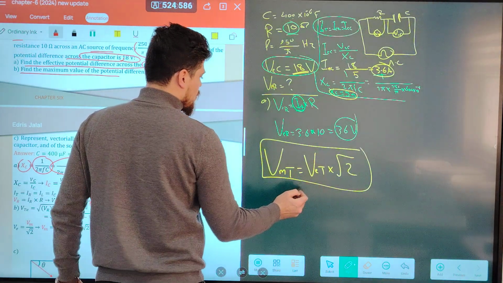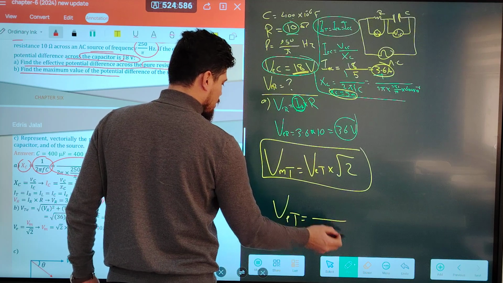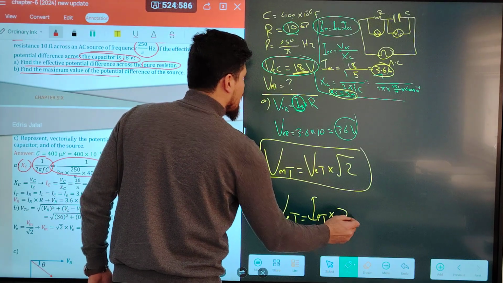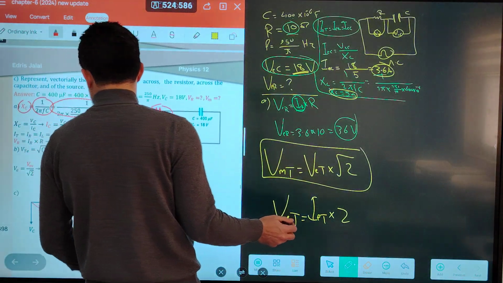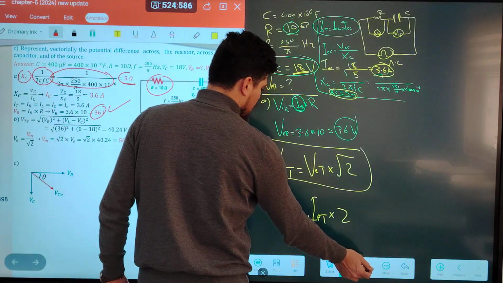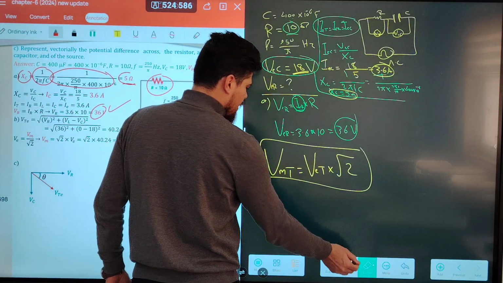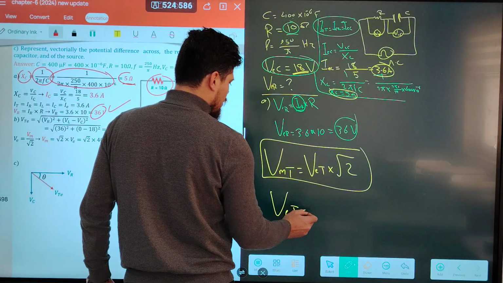Okay? Do we have VE total? No. V effective total is equal to IE total times Z. Okay? So do we have Z? No, we don't have Z, but we can find Z, but it's too complicated. In another way, guys, VE total is equal to what?